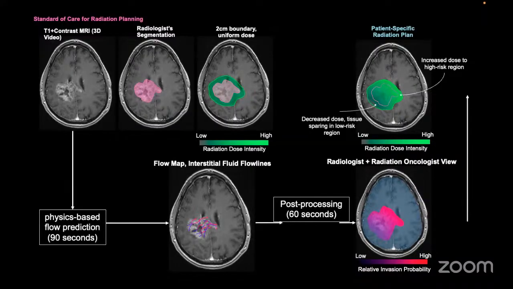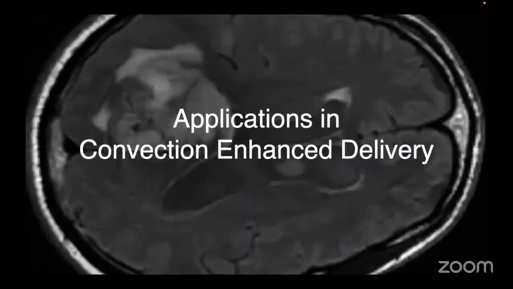And because it's so computationally efficient and derived from the scans the patients are getting anyway, you can do all this computational post-processing before it even gets to the radiation oncologist's planning workflow.